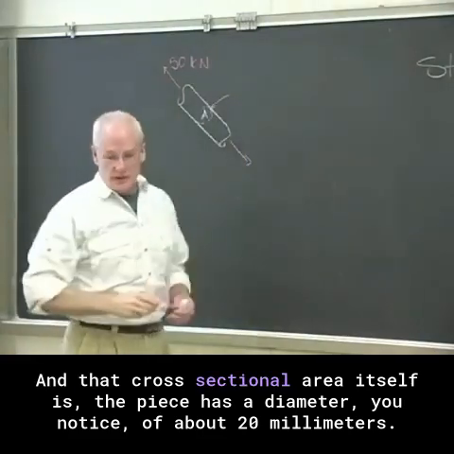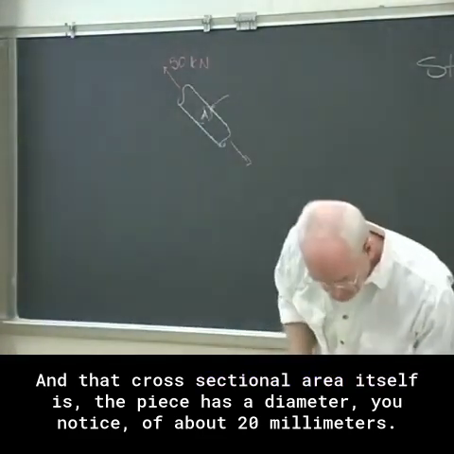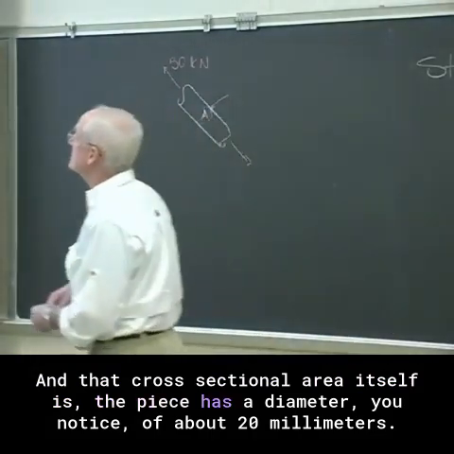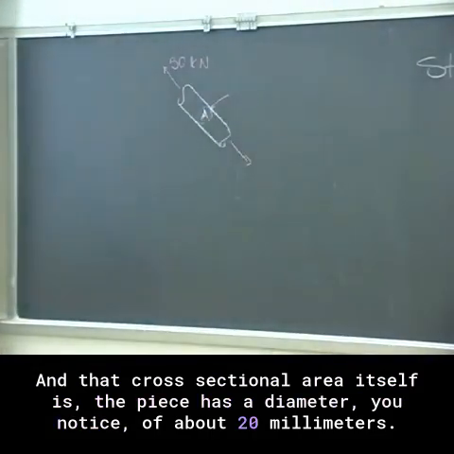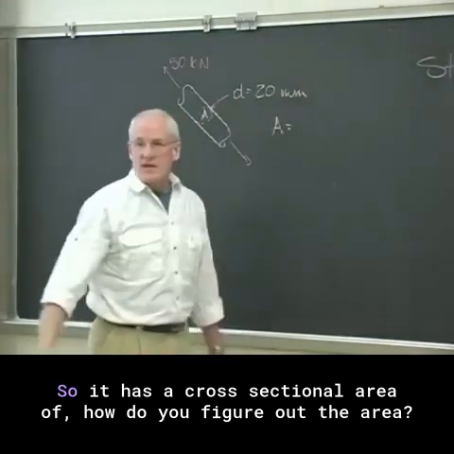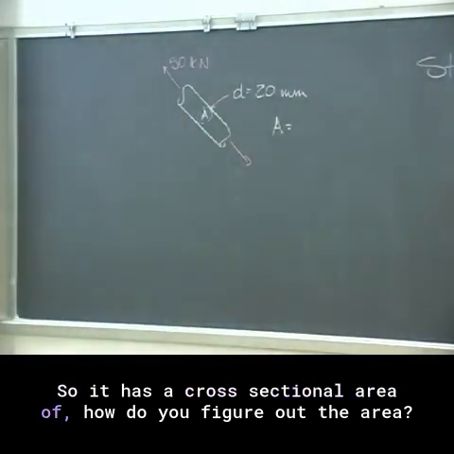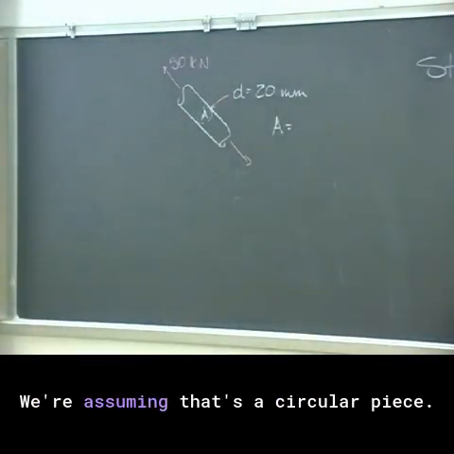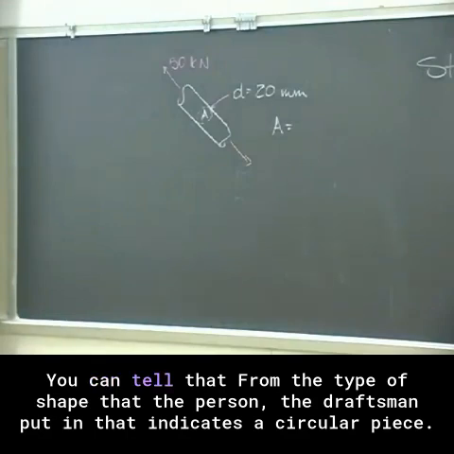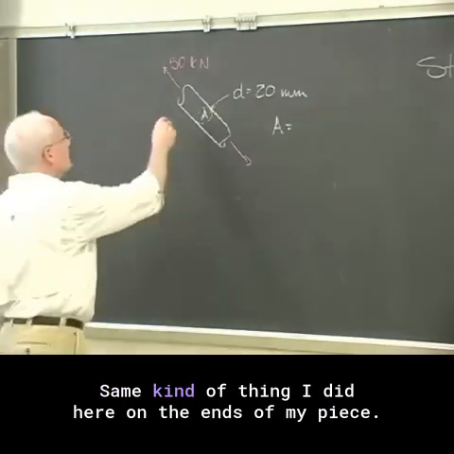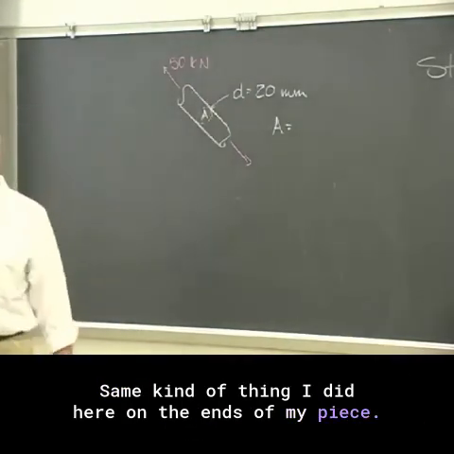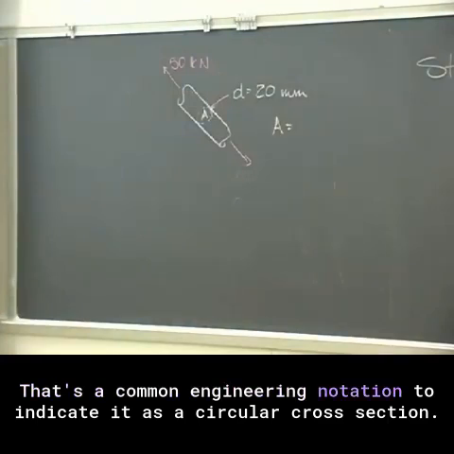And the piece has a diameter, you notice, of about 20 millimeters. So how do you figure out the area? We're assuming that's a circular piece. You can tell that from the type of shape that the draftsman put in. That indicates a circular piece, same kind of thing I did here on the ends of my piece. That's a common engineering notation to indicate a circular cross-section.